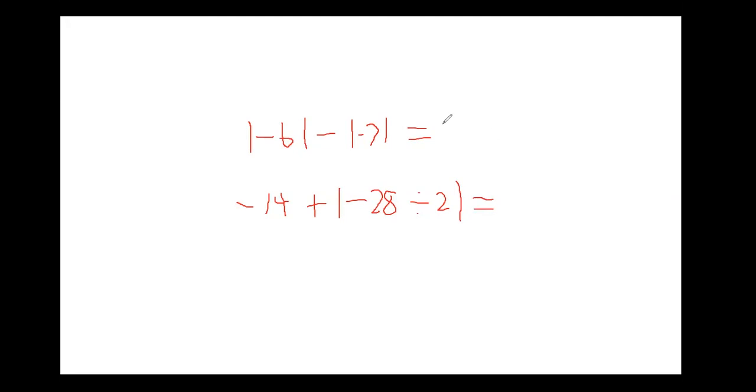All right, so absolute value of negative 6 is 6 minus the absolute value of 7 is 7, which is negative 1.